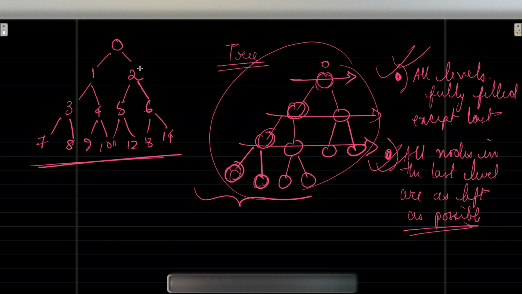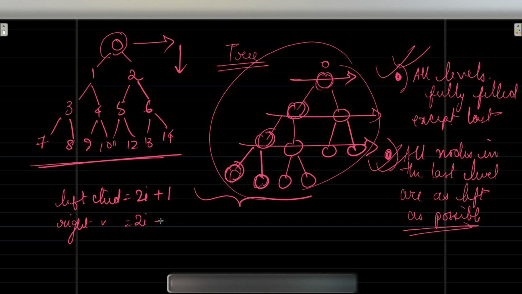So this is how you would number a complete binary tree if you move this way and downwards. Alright, so this leads to a very interesting property, and the property is that if you take any node, you're going to have the left child as 2 times i plus 1 and the right child as 2 times i plus 2.